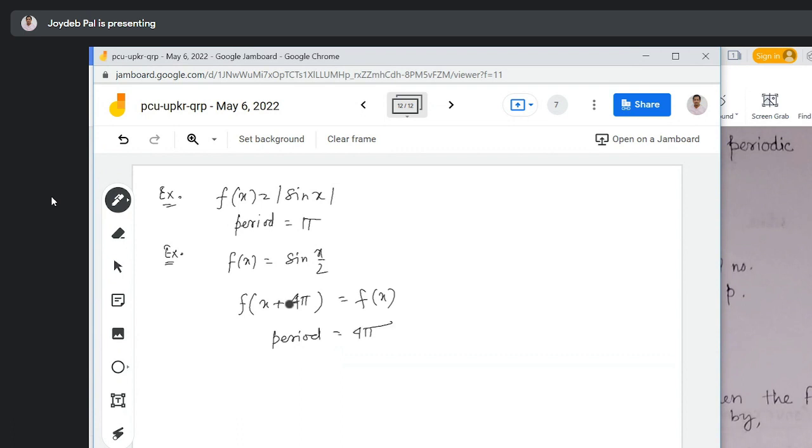So the period is 4 pi. Now another example. Actually, I am telling all possible ways. If f x is like sine 2x, then what is the period? Can you tell me?